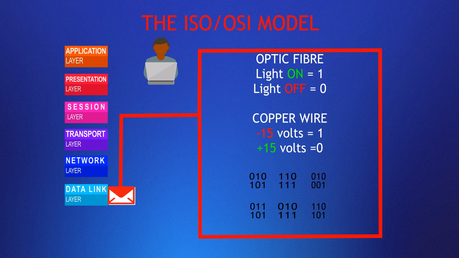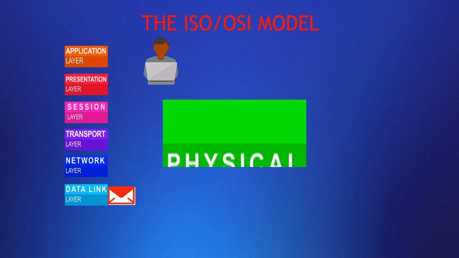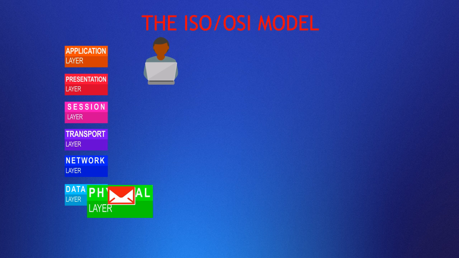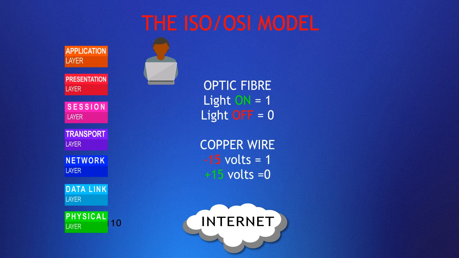Once these details are specified, we are now ready to transmit the data, and this is done at the physical layer. At the physical layer, the data is now converted into a form of energy for transmission across the physical media. For example, if we are using optic fiber, the data will be converted into light energy for transmission.